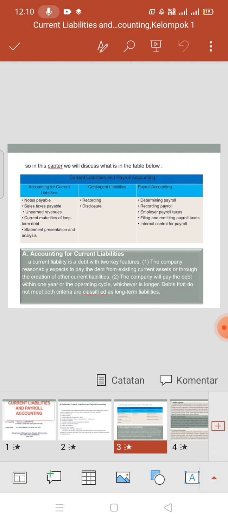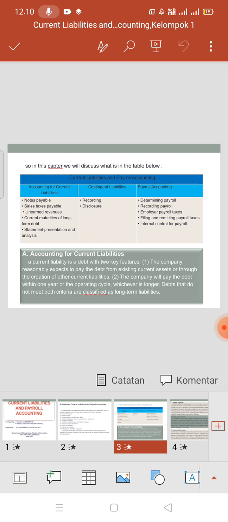So, in this chapter, we will discuss what is in the table below: current liabilities and payroll accounting. Accounting for current liabilities: notes payable, sales taxes payable, unearned revenues, current maturities of long-term debt, statement presentation and analysis.